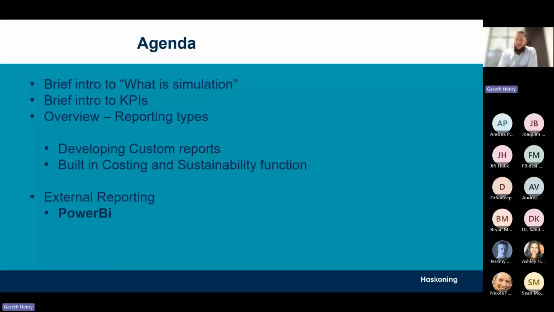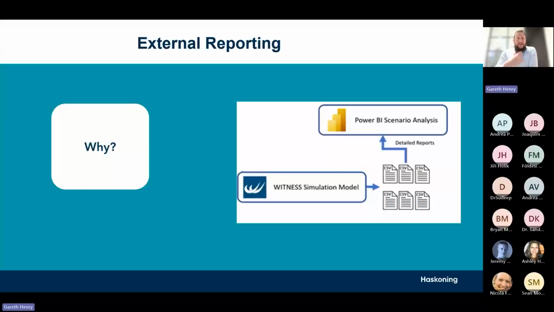So why would we then want to move these out of Witness and into an external software like Power BI or anything like that? The reason would be for scenario comparisons. So different input data, what outputs it's come from, multiple replications.